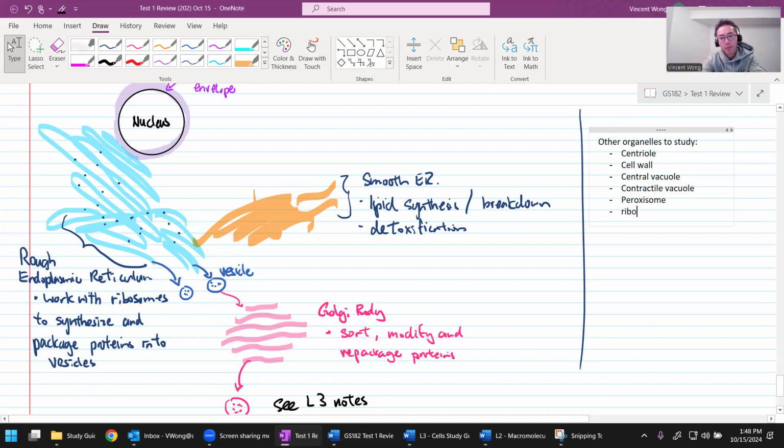Oh yeah, ribosome as well, which makes protein. Cilia, flagellum, cytoskeleton. So these are some additional ones.